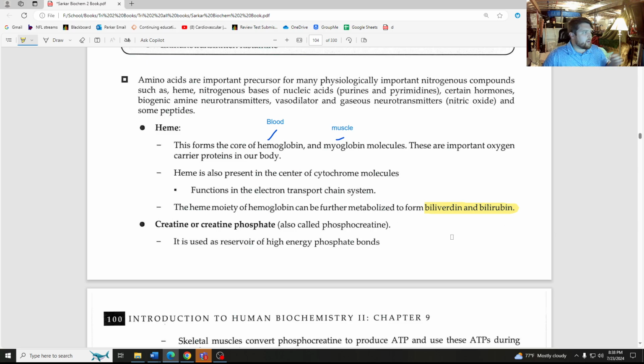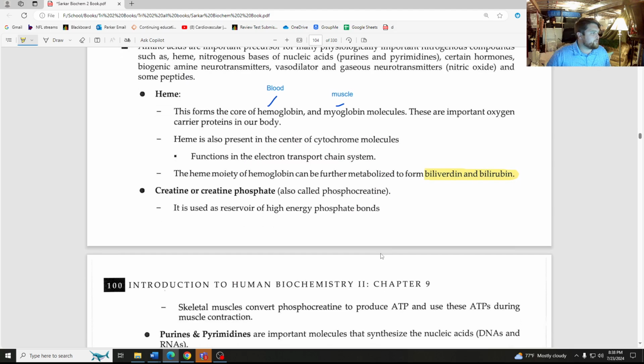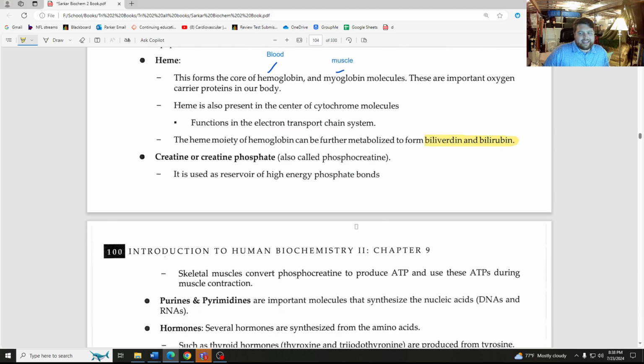And we'll get into exactly what that is. Part of what you'll be required to do on this upcoming test for this class is identify and talk about conjugated versus unconjugated bilirubin and kind of what that means. So we'll talk about that a little bit more when we get a little further down. Just wanted to introduce that idea to you guys.